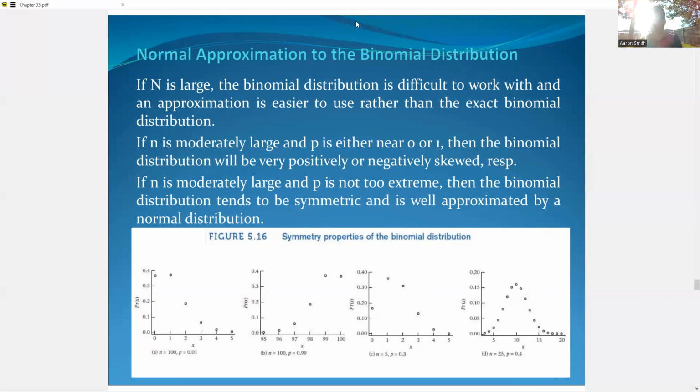So for this, n needs to be of a moderately large size, and p needs to not be close to 0 or 1. Otherwise, the binomial distribution will be very positively or very negatively skewed.